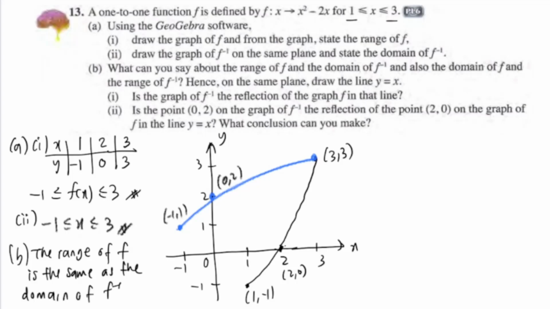When you reflect, x and y interchange, so the domain of f inverse is the same as the range of f(x).